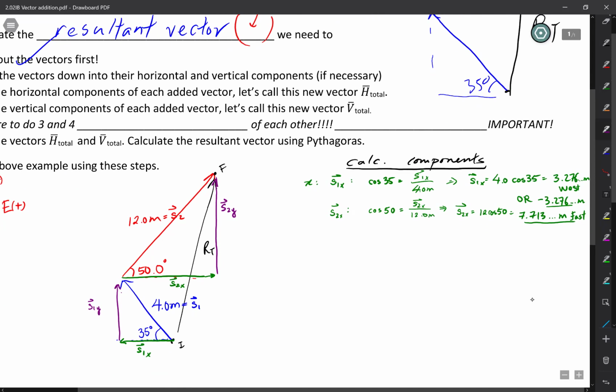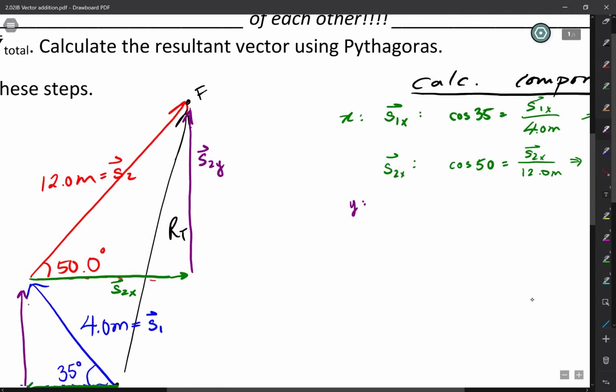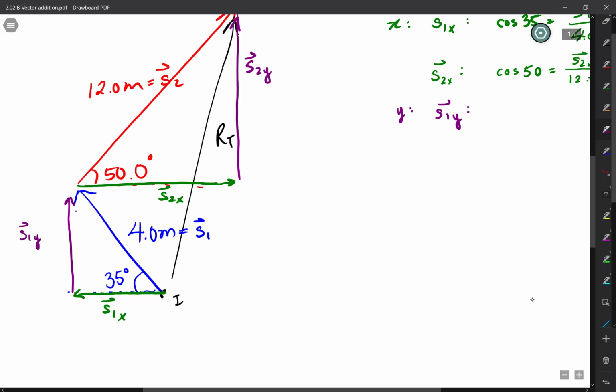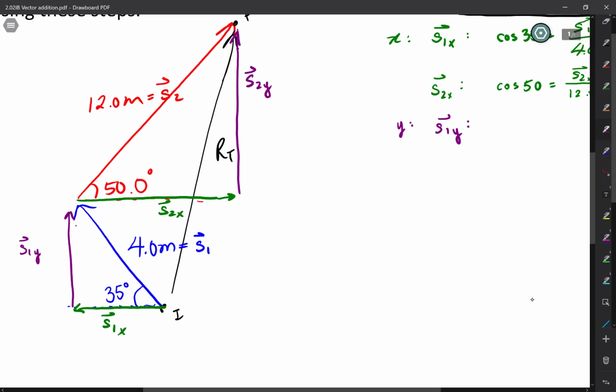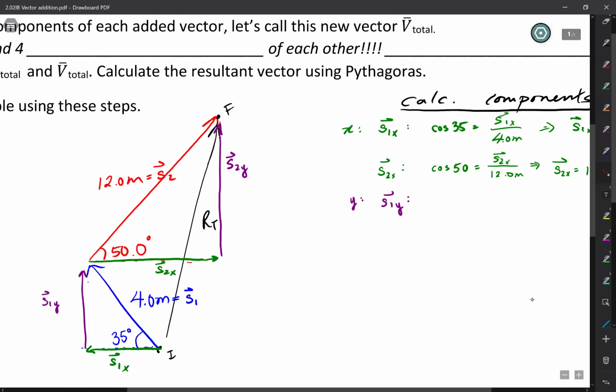Now for my Y components. I'm going to start with S1Y. If I take a look at my triangle, this is 35 degrees, and my S1Y is the opposite side to my 35 degrees, which means when I write my SOHCAHTOA, I'm going to use sine this time.